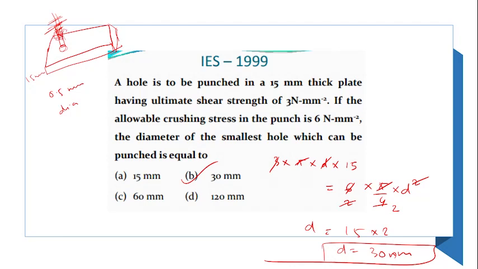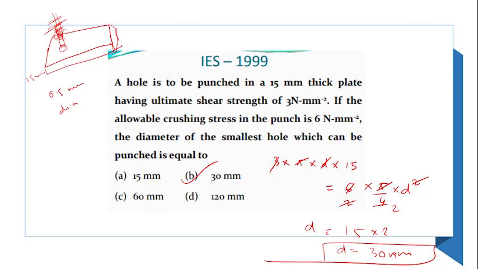When you try to do the piercing operation, it will be crushed. It will not be able to make a pierce here, right? So that is why there comes a condition for minimum diameter that can be made on a sheet.